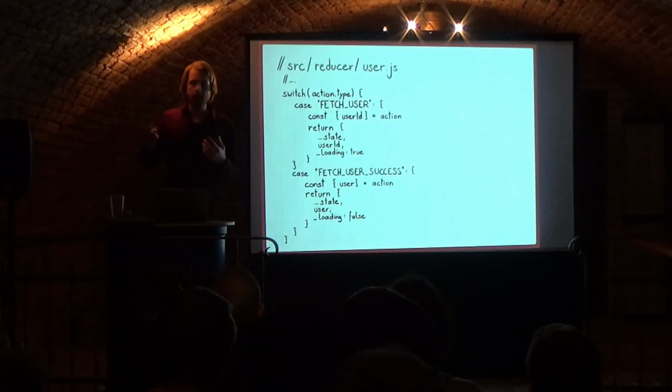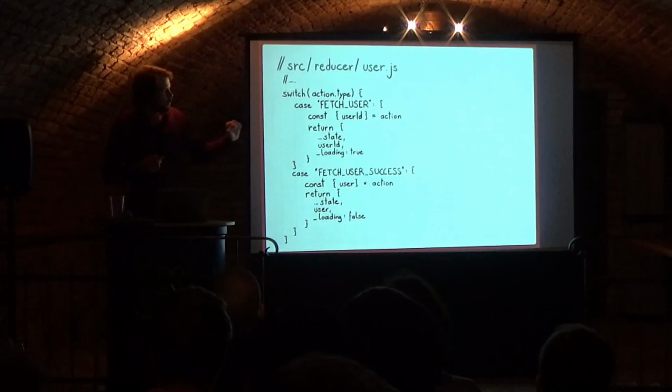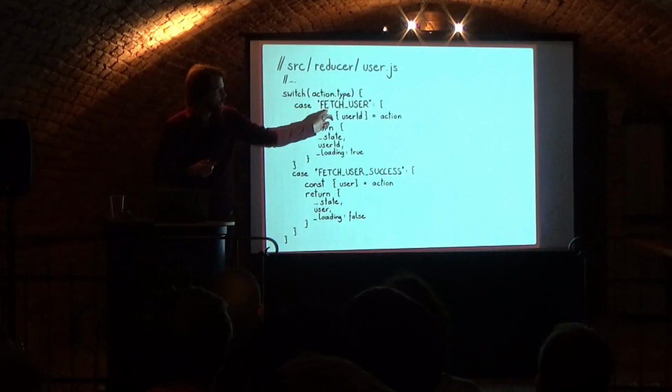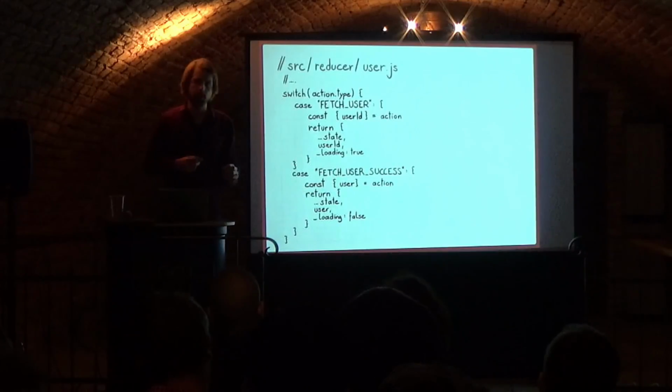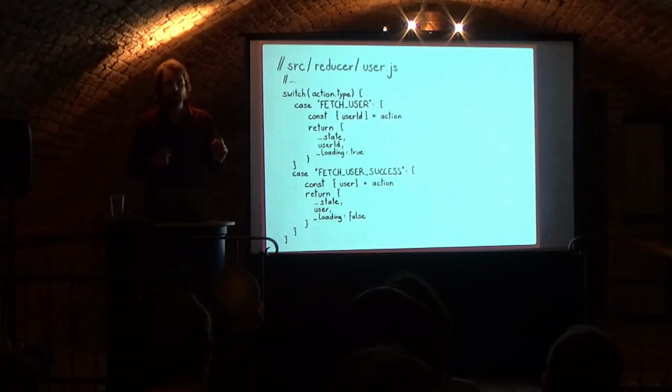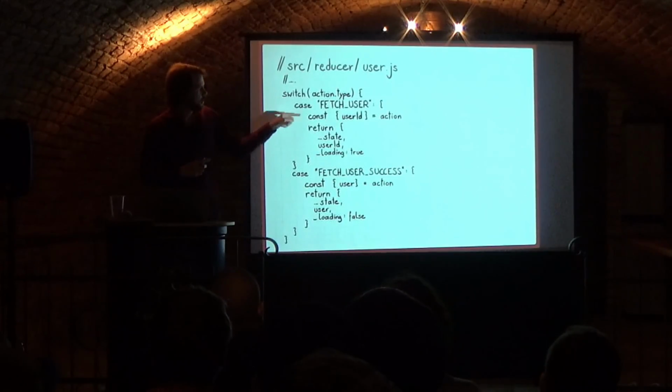So, as I told you, Flow does code analysis as your code flows through your conditional things, like ifs and switch and stuff like this. And I already showed you that type can either be fetch user as a string literal or fetch user success as a string literal. And Flow can distinguish between them. This is called disjoint union type.